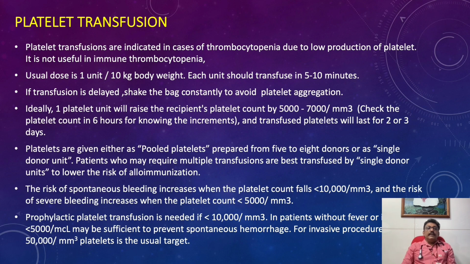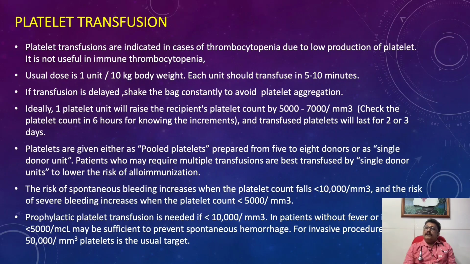1 unit of platelet will raise the recipient platelet count by 5,000 to 7,000 only if it's a fresh patient. But a patient who is taking repeated platelet transfusions can develop antibodies against various types of platelets, and ultimately whenever platelets are transfused, they will be immediately destroyed by our body.